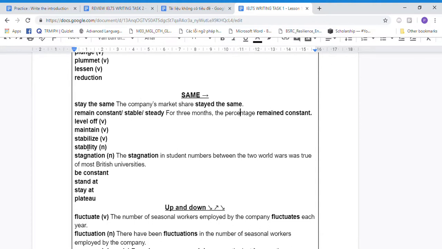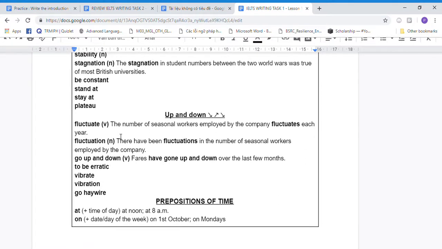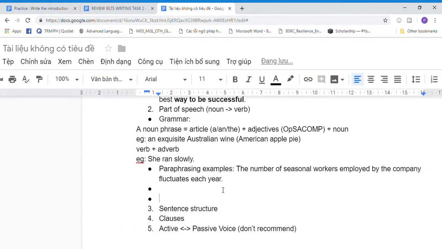These can be changed. This word can be changed too. So for example, I will change this sentence into, I will rewrite it. Okay.